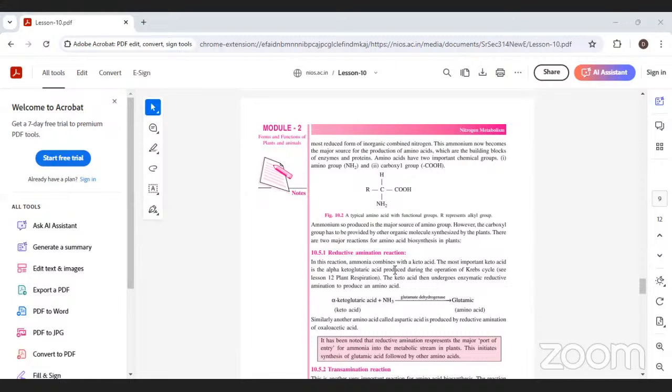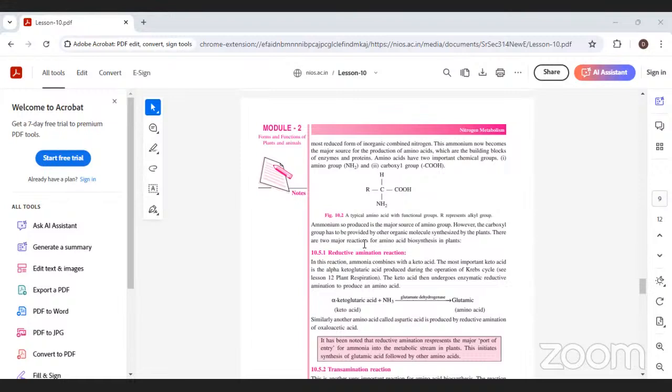This initiates synthesis of glutamic acid followed by other amino acids. In this reaction, ammonia is combined with a keto acid. The most important keto acid is alpha ketoglutaric acid.